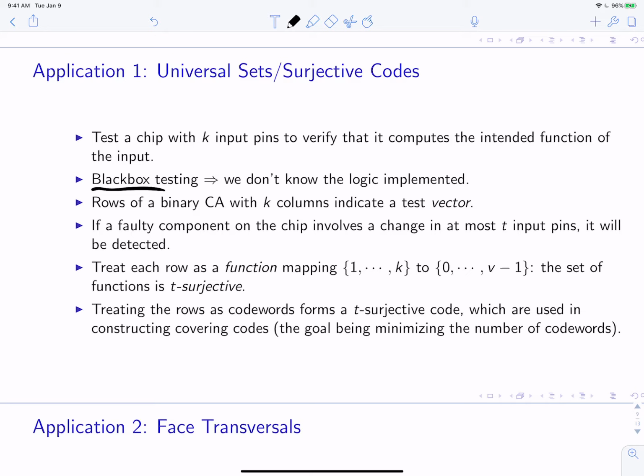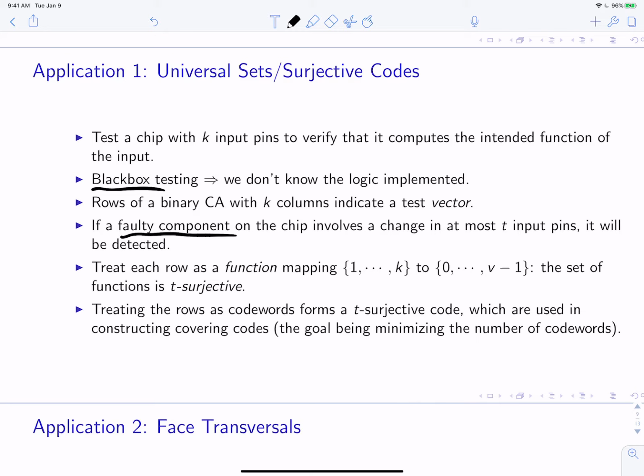So if we use a binary covering array, which means that it only has two symbols, 0 and 1, well, we can just feed those rows of the covering array over and over into the circuit. And if we assume that we have a faulty component, which means that if we change at most t pins, basically change a 0 to a 1, 1 to a 0, then it will be detected that there's a fault there.